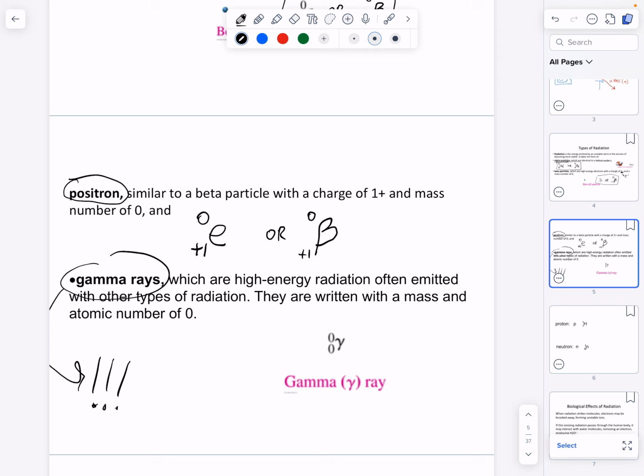Gamma rays give you cancer, mutations, and can kill you. For the gamma, we are just going to write a gamma, with 0 because it doesn't have any charge, it's neutral, and 0 because it doesn't have any mass. Because it's pure energy, that's why it's so fast.